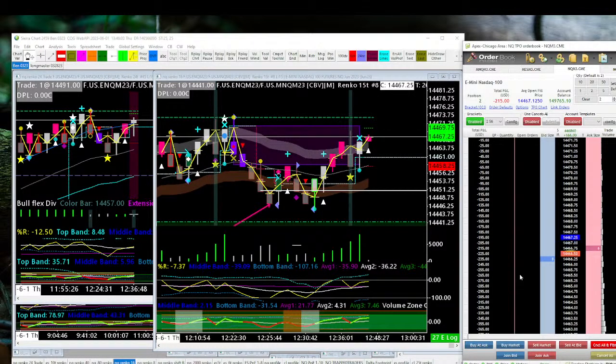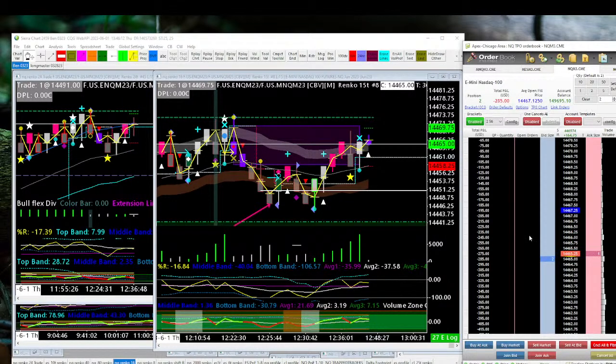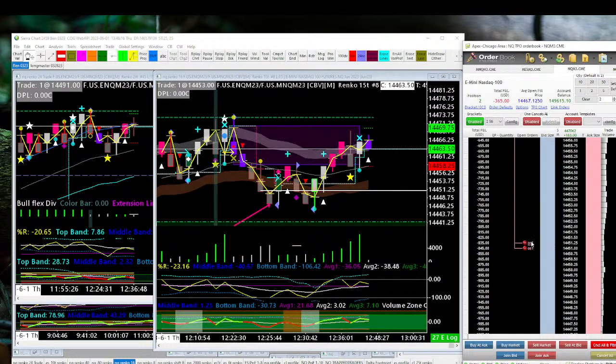All right, we're going to do 2 here, but since I've got room now, I might add 2 more. Let's see what they do with this. Okay, my stop goes down here. Gross. Underneath that.